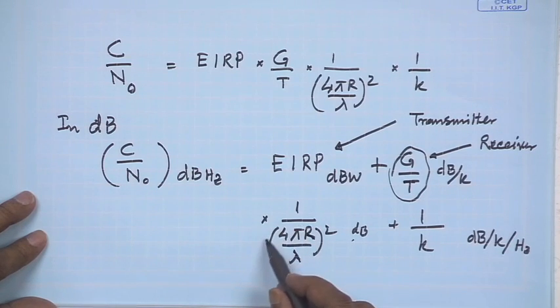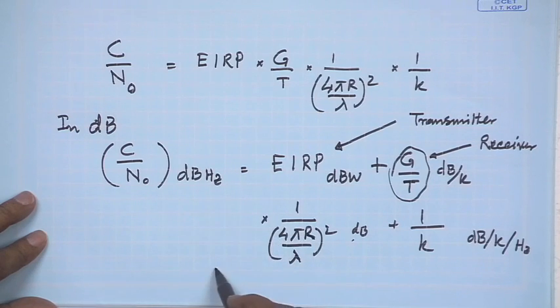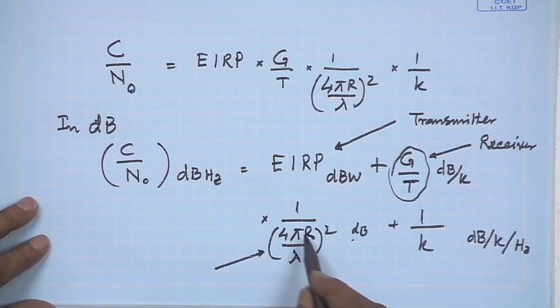So this is the path related loss. Remember, though I am calling it loss, it is not attenuative loss, it is the spreading effect that is being seen here. So this is not a KTB type of loss, this is not an attenuative type of loss, this is a spreading loss, though we are using the term loss because it is reducing the power, it is 1 by, so therefore it is reducing the power.